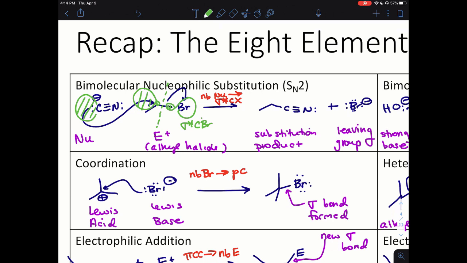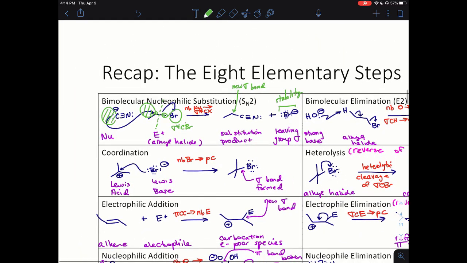And so you end up cleaving this bond, and you have a bromide leaving group. And then you have what we call the substitution product. You have this new sigma bond. And as you might expect, the strength of that sigma bond and the stability of the leaving group versus the stability of the nucleophile is going to determine whether or not this step takes place.